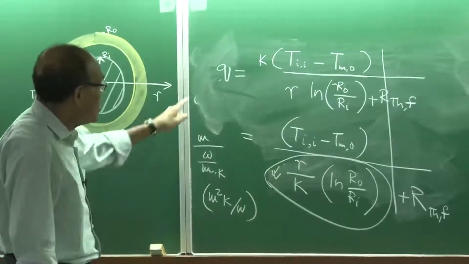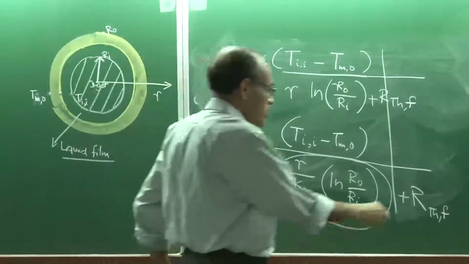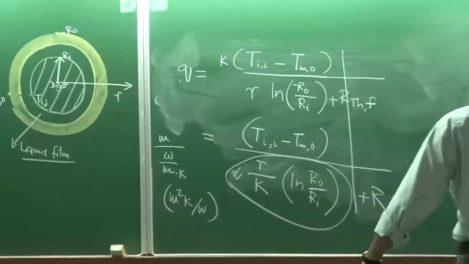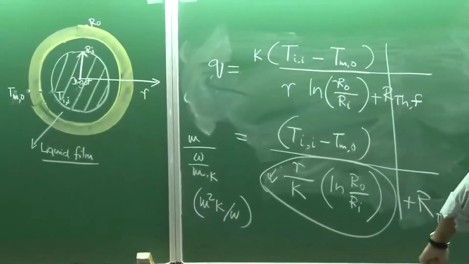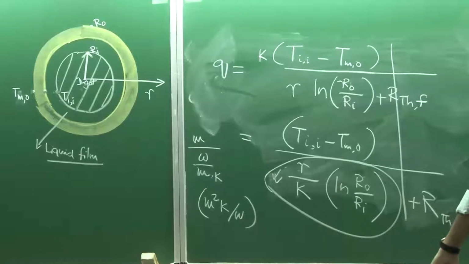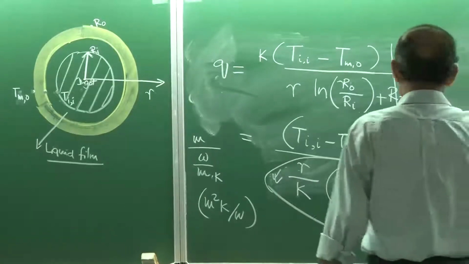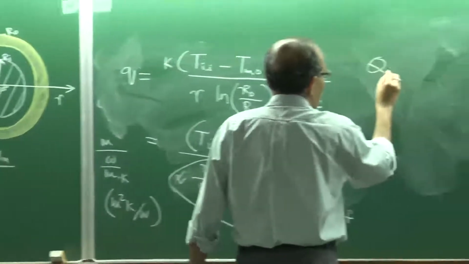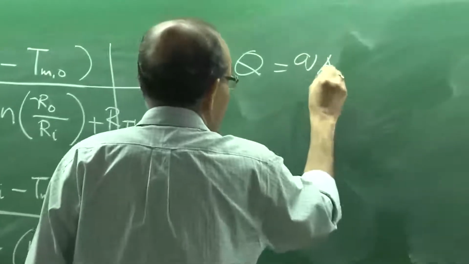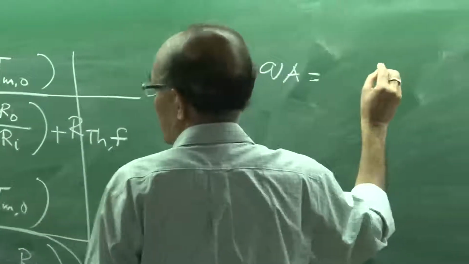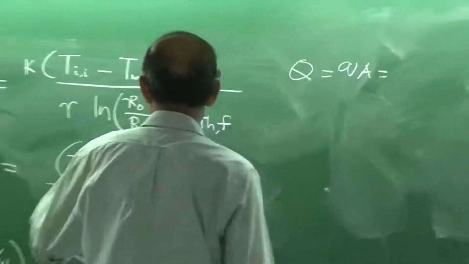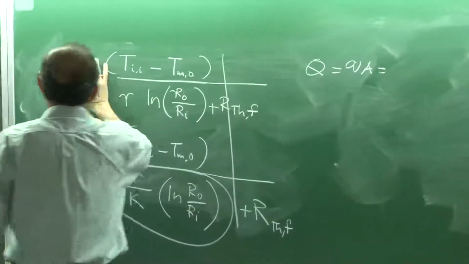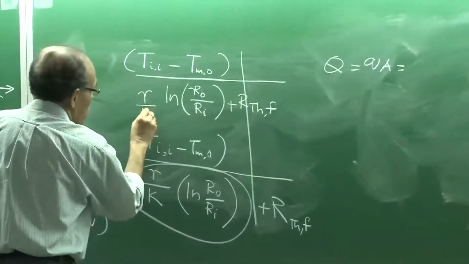On the other hand, if you want to do it in terms of the heat flow, then we have Q equal to flux times area. So we will write it like this, then it is better.